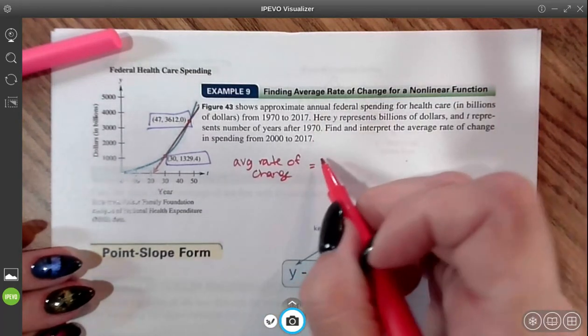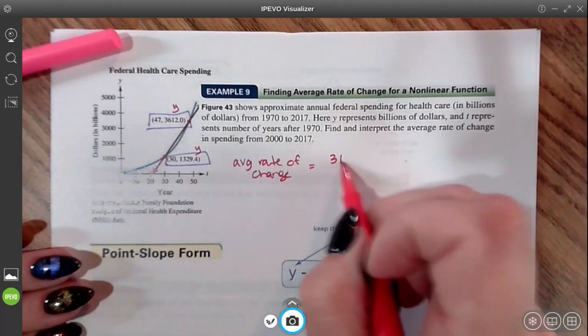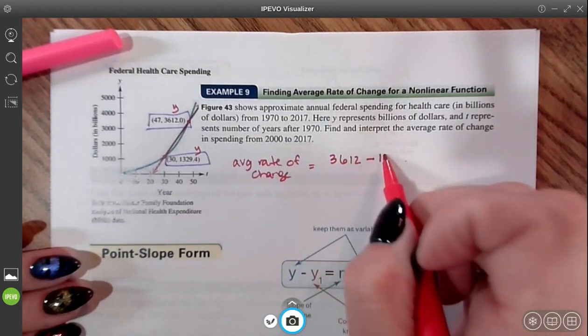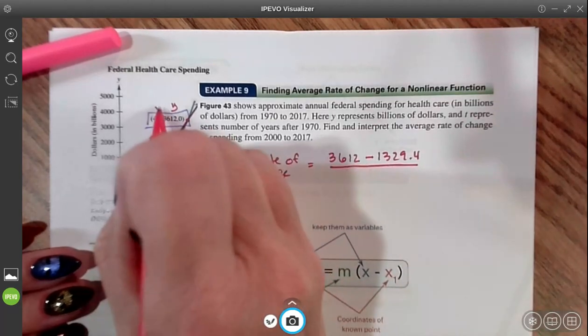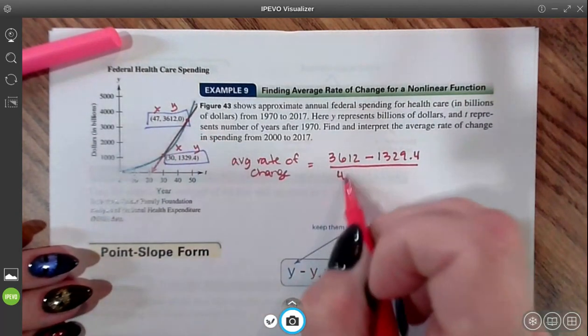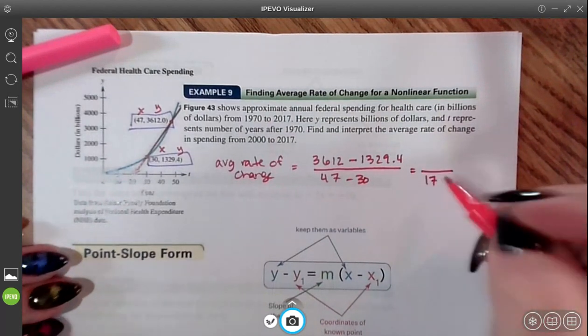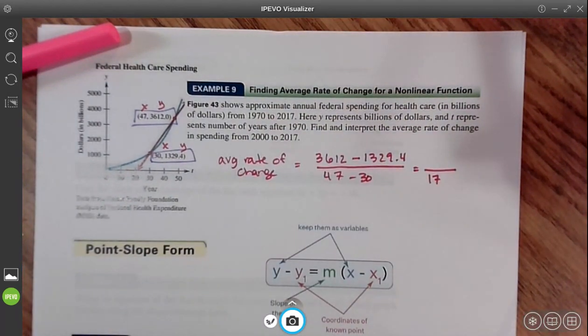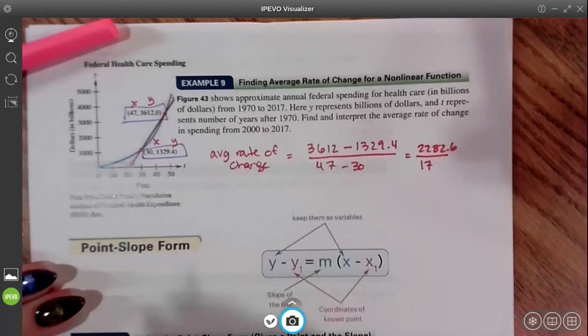So we're going to take y minus y, so 3612 minus 1329.4 over x minus x, so 47 minus 30, which is something over 17. Let me work that out. 2282.6 over 17.